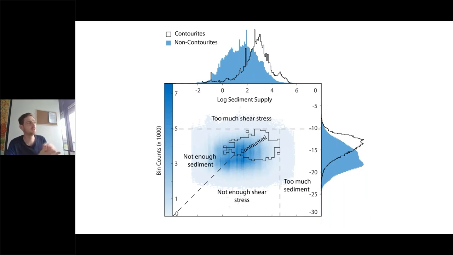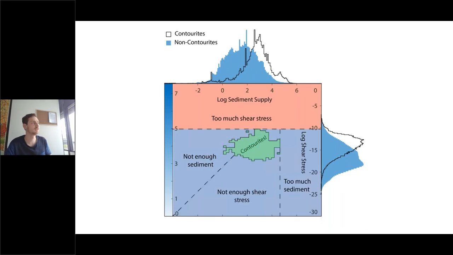So like I said, this gives you 5 different quantitatively defined regions, which are the contourites, the region that is within all these boundaries, the area of erosion, which has too much shear stress, the area of too much sediment, and then finally the one that has the stasis, which is the region that has not enough sediment or not enough shear stress.